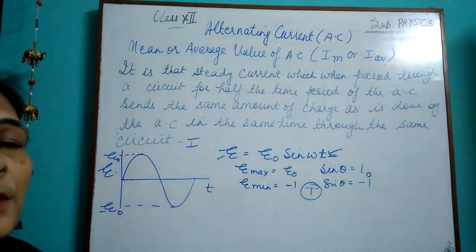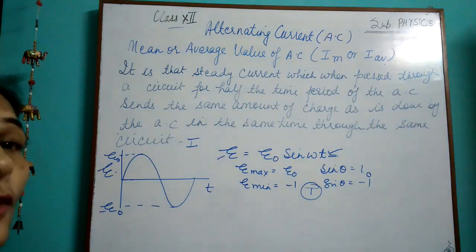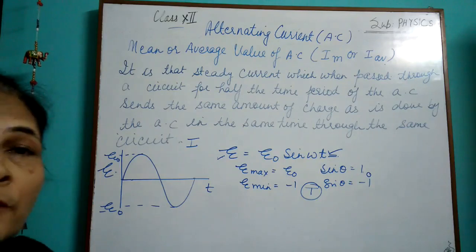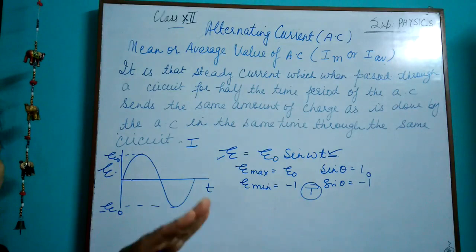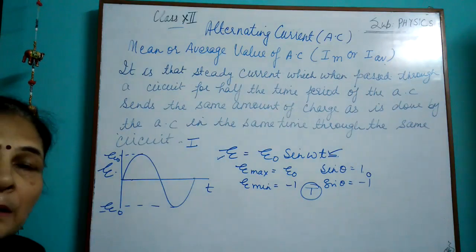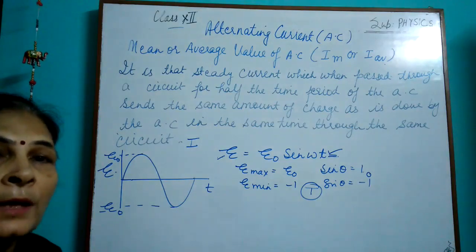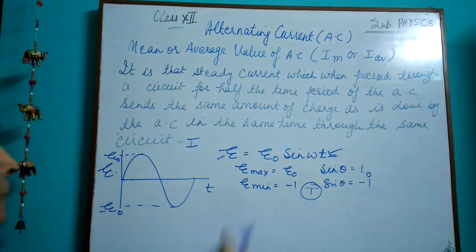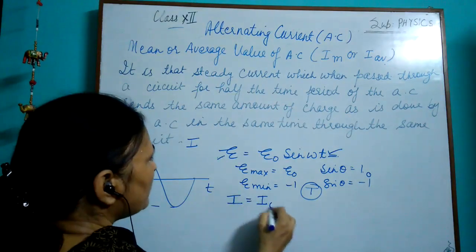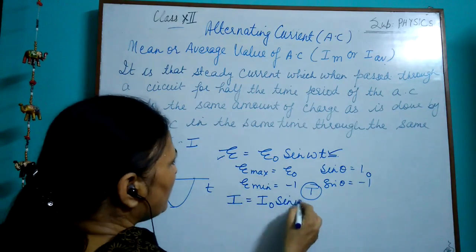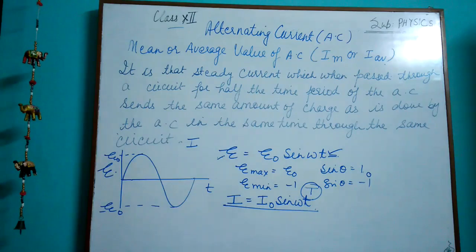But one thing is for certain, the current is going to vary in a similar form. Maybe it will be a sine wave or a cosine wave, but it has to vary between two maximum and minimum limits, and in between taking 0 values also. So the induced current will also have a similar waveform, that is I equals I naught sine omega t.